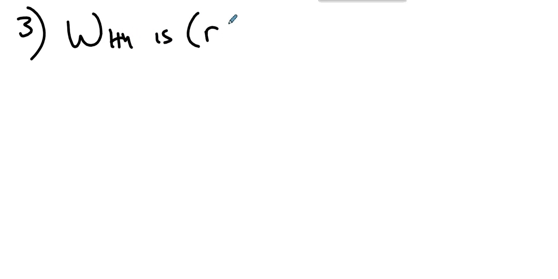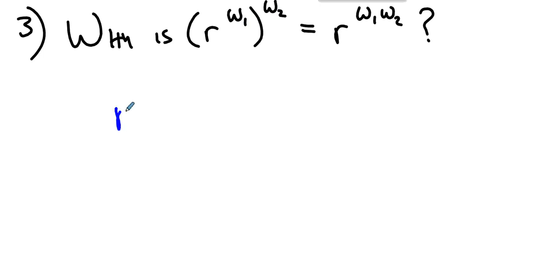So then the third would be, why is it that if you take some real number to a rational exponent and raise that to a rational exponent, you get that real number to the product of those rational exponents? Why is that the case? We assume w1 and w2 are rational, which means that we're really doing r to the a over b to the c over d.